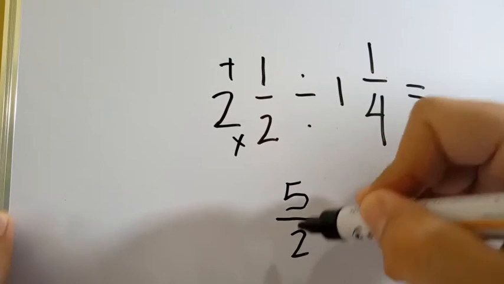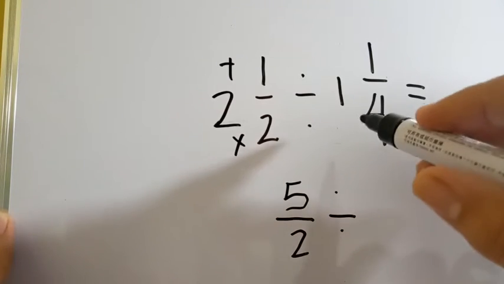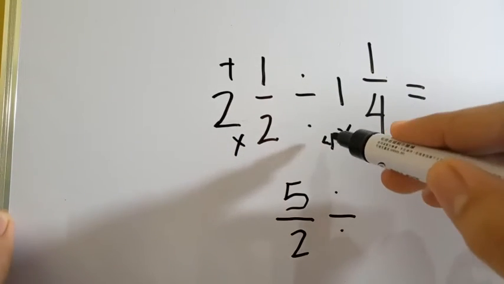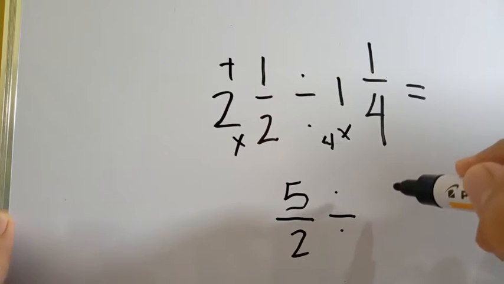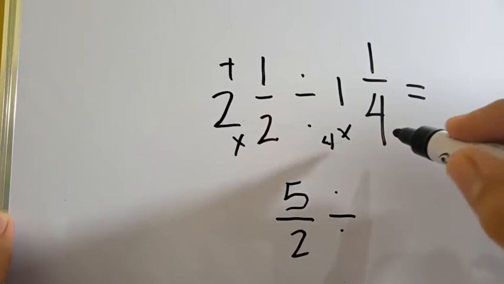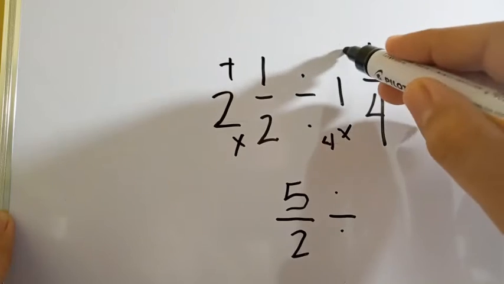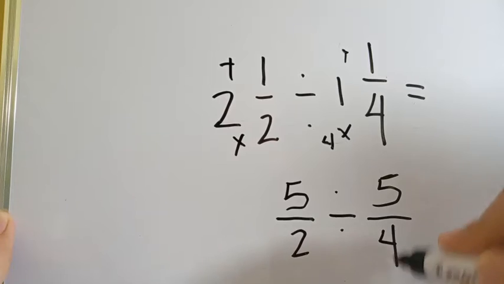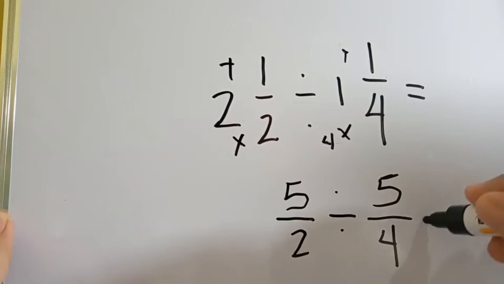So, we have 5/2. Then 4 times 1 is 4 plus 1 is 5 over 4. So, we have 5/2 and 5/4.